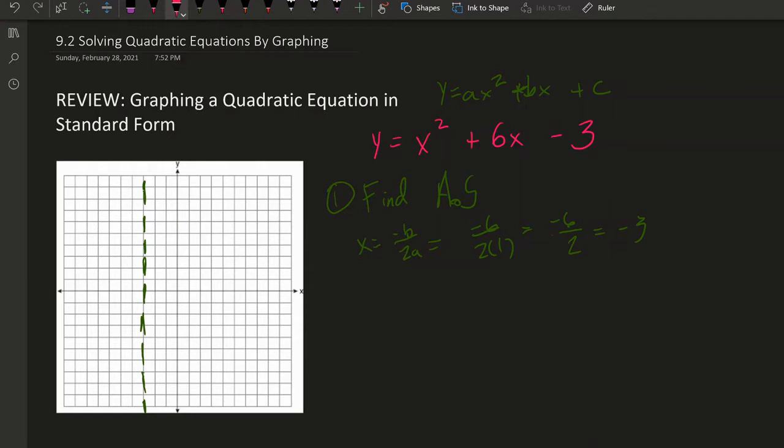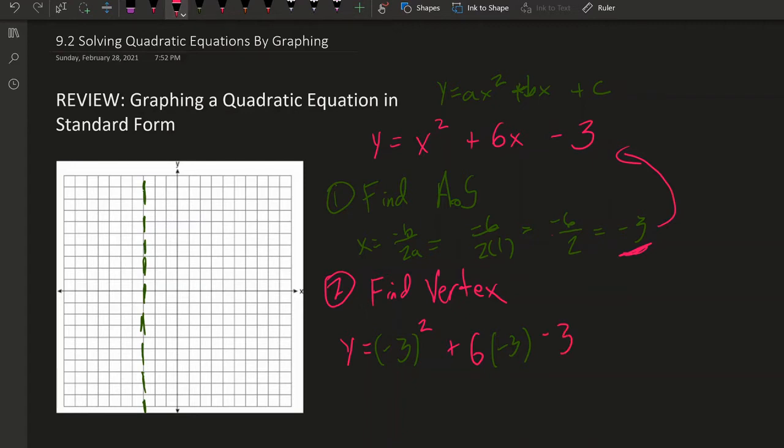Now, step 2 is we want to use the axis of symmetry to find the vertex, being the turning point of the parabola. So in order to find that, I'm going to plug the axis of symmetry value back into my original equation. So I'm going to get y is equal to negative 3 squared plus 6 times negative 3 minus 3.